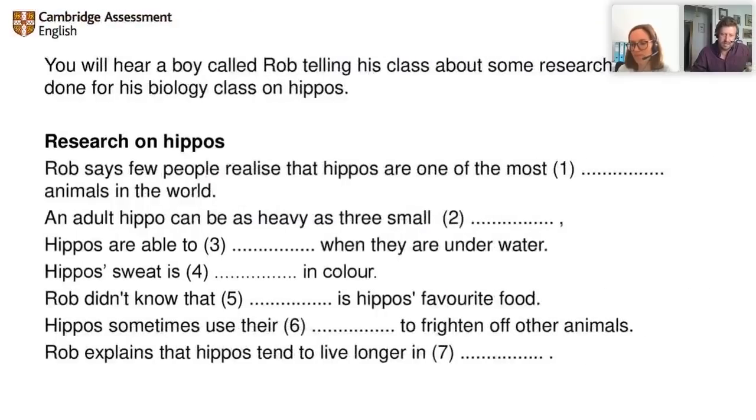here were the questions. You'll hear a boy called Rob telling his class about some research done for his biology class on hippos. We would like you to try and answer these, okay? In the chat box with the numbers. So Rob says few people realize that hippos are one of the most animals in the world. Number 2, Victoria. An adult hippo can be as heavy as 3 small.